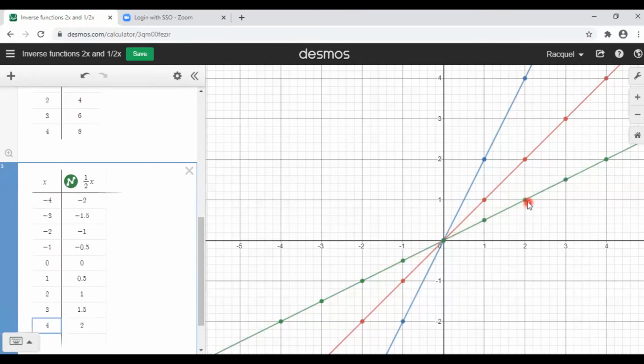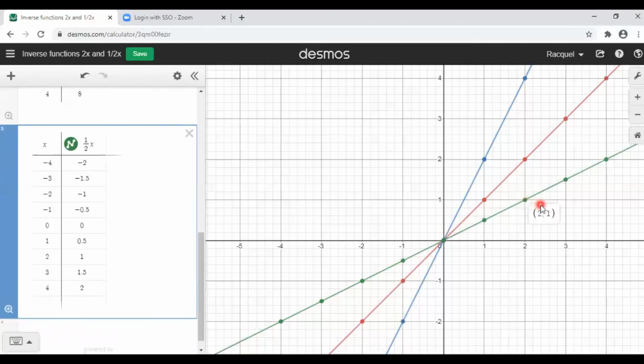Let us see the point here, let's say this point 2 and 1, let us compare this point to this point. Now, by the concept of inverse function, this point must be 1 and 2 because if this is our given function, then it has an element in the domain which is 2.